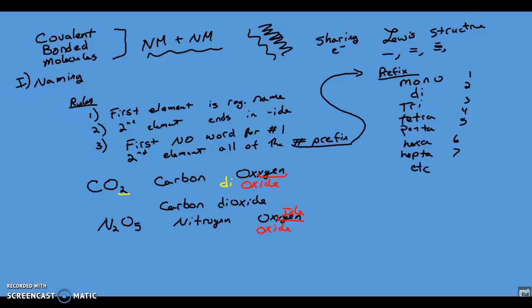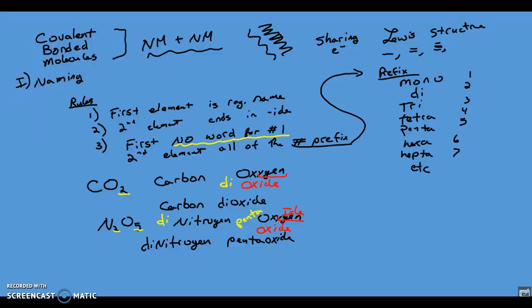Now there's no number 1, but we do have a number 2. So we'll say dinitrogen. And then 5, well that's pentaoxide. So overall, this molecule, dinitrogen pentaoxide.